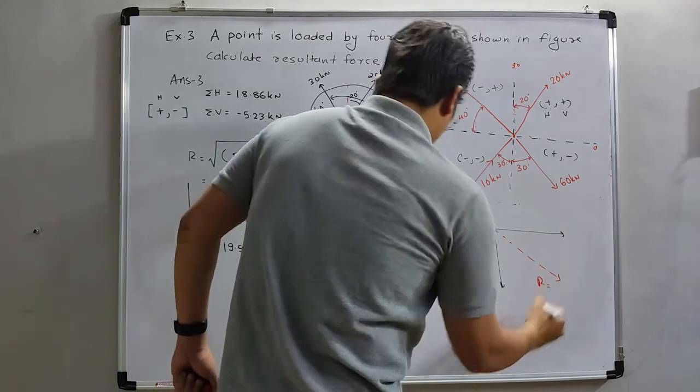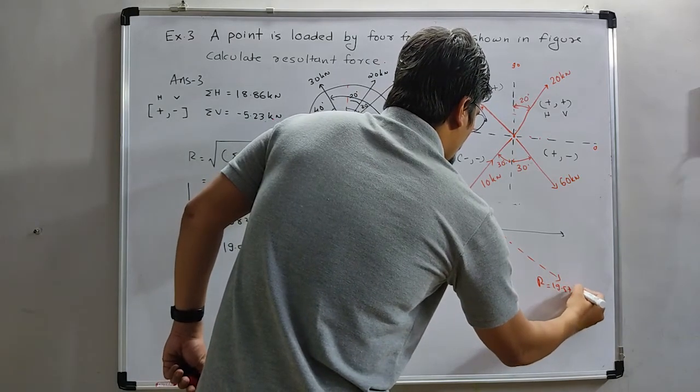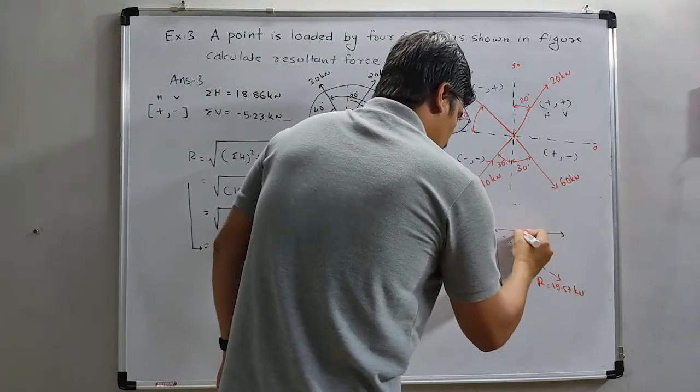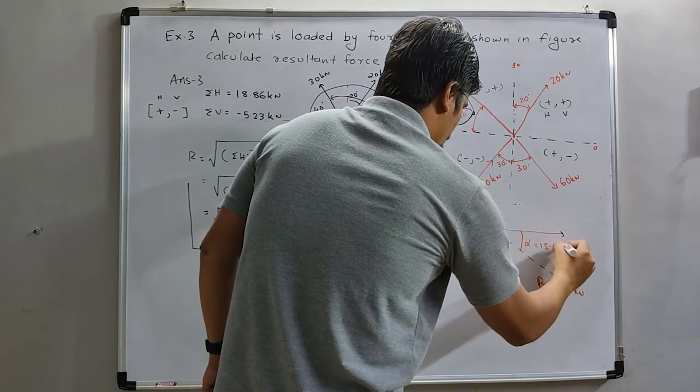R is equal to 19.57, and it will always make the angle with the horizontal one. So here is the angle, alpha is equal to 15.49 degree.